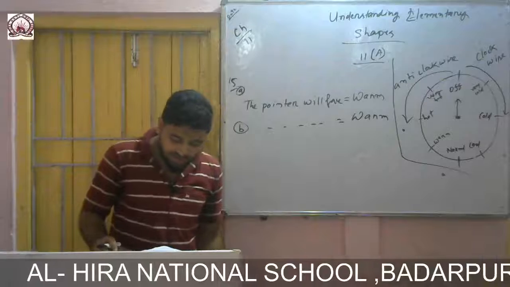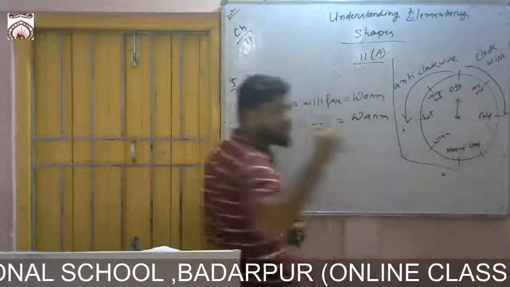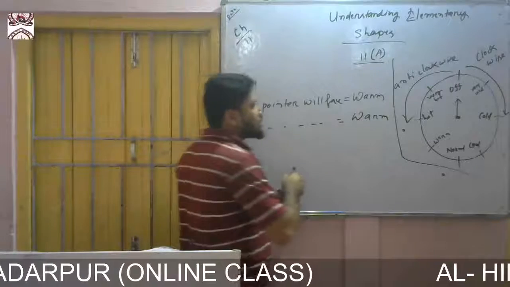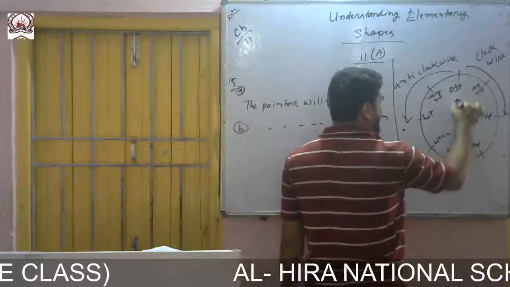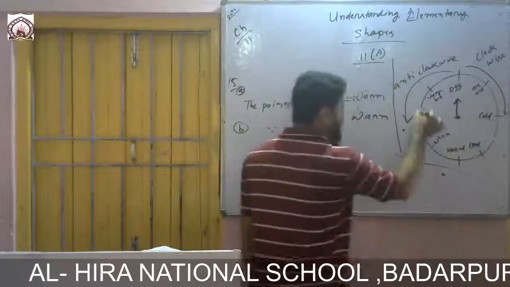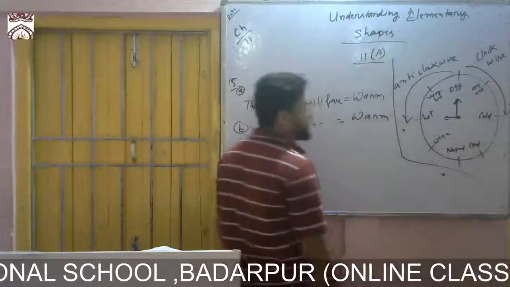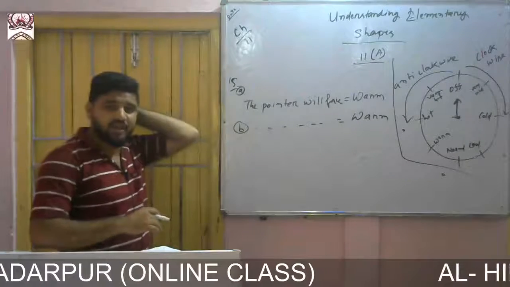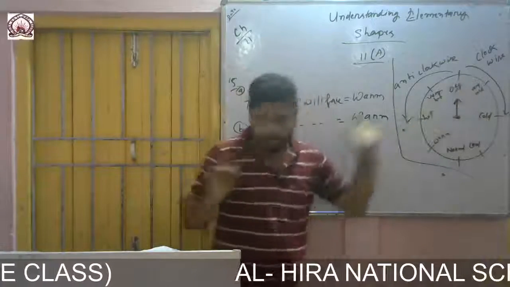Now 360 degree anti-clockwise. 360 degree means one full rotation. So if it starts rotating from hot, in the question it is said that it started from hot, it will again reach hot, because 360 degree means one full rotation.